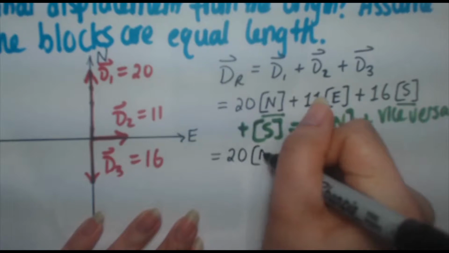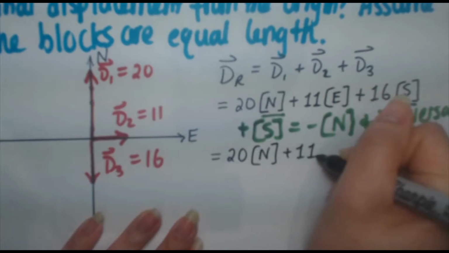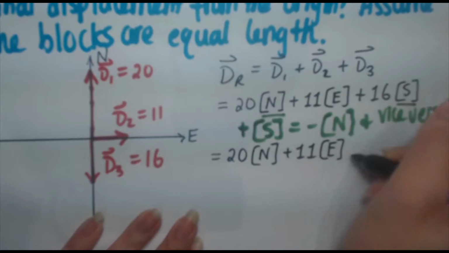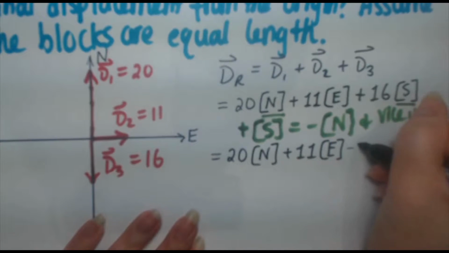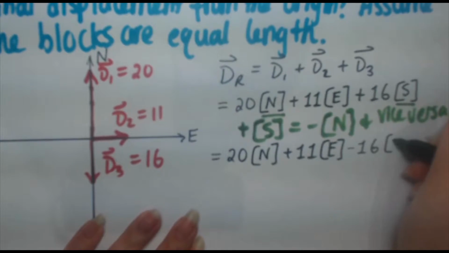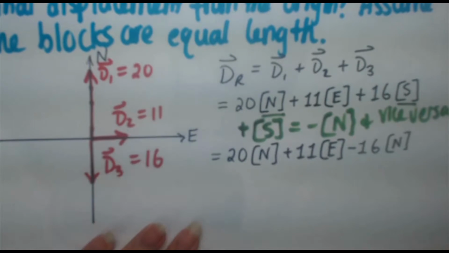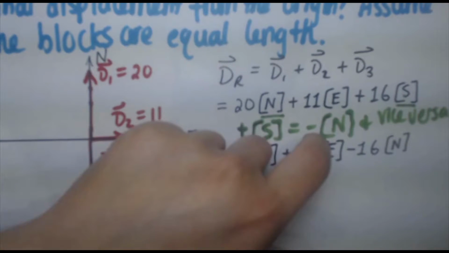20 north plus 11 east. Now instead of plus 16 south, this time we're going to add negative 16 north, or simply subtract 16 north. Because positive south is negative north, negative south is positive north.